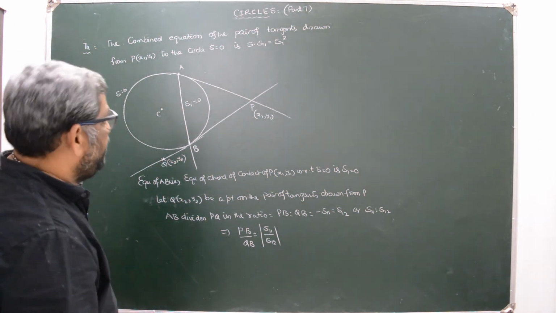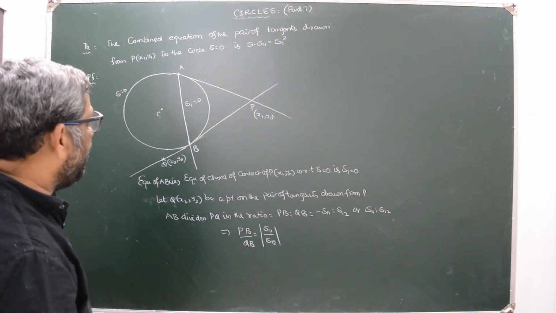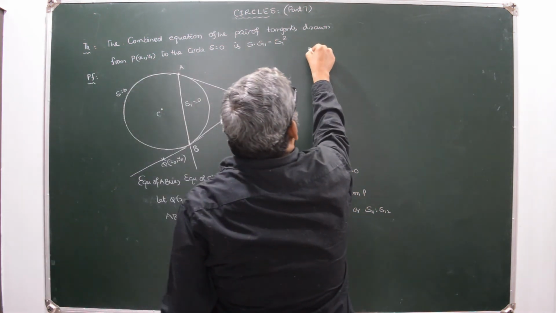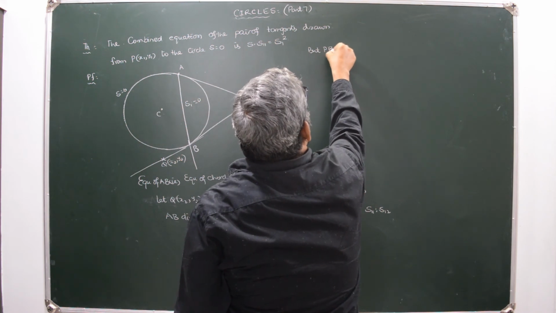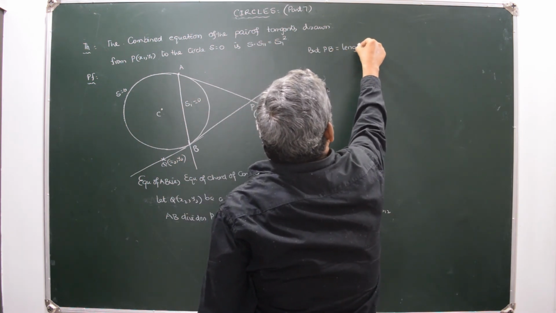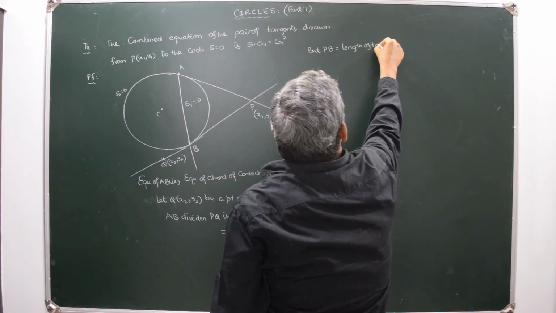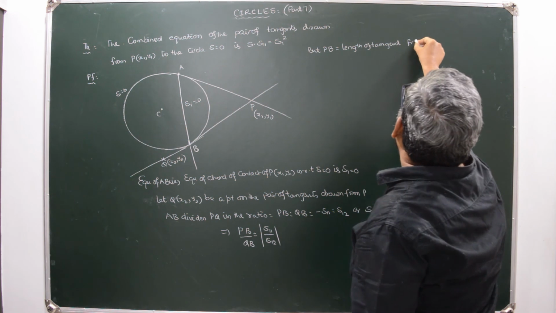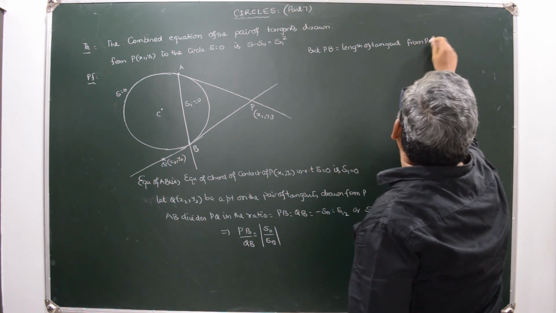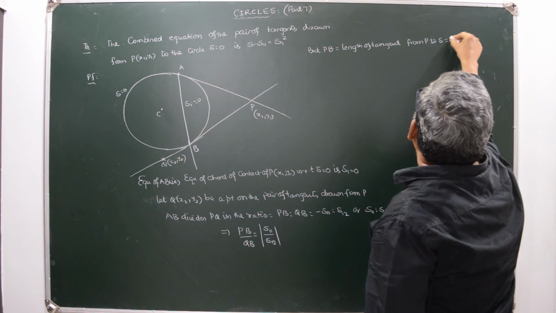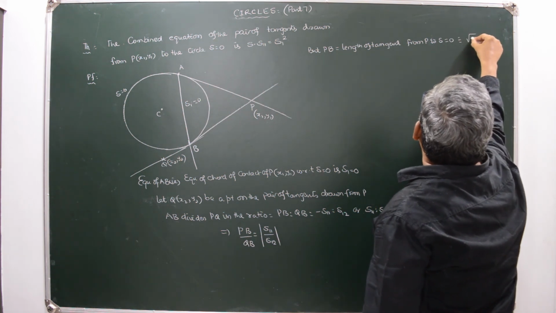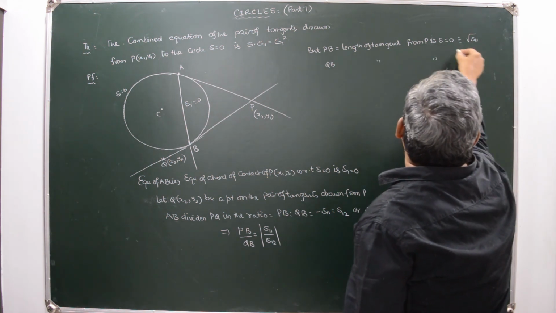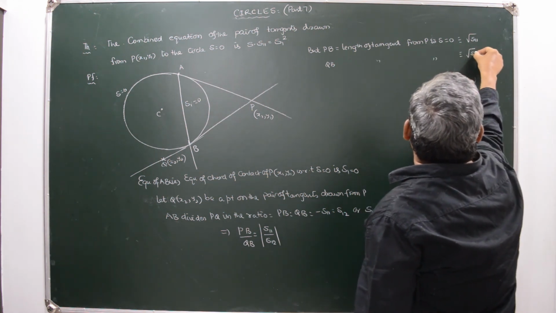But we know that PB and QB are the lengths of the tangents from P and Q. PB is equal to the length of tangent from P to S equal to 0, that is root S11. Similarly, QB is equal to the length of tangent from Q to S equal to 0, root S22.